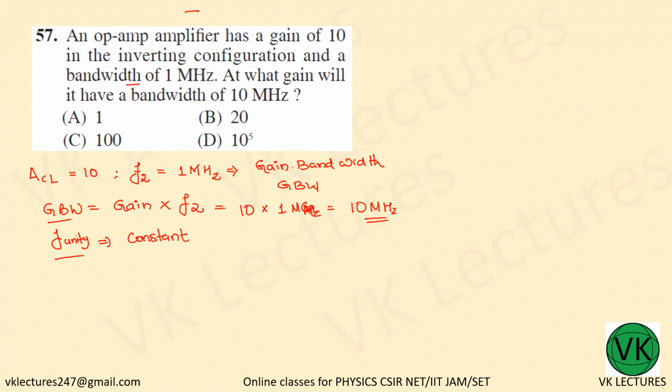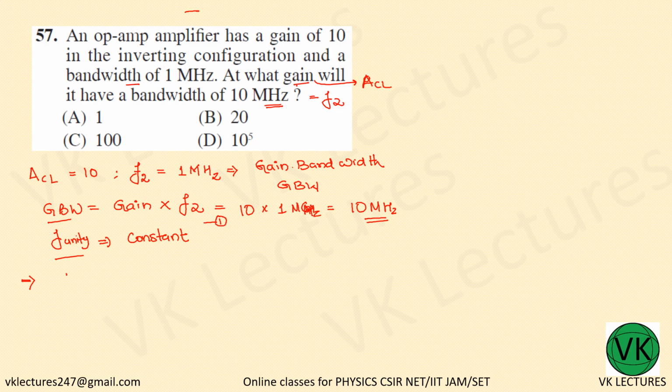That means this GBW and F unity is a constant quantity. Now the second part of the question says, what will be the gain if the bandwidth is 10 megahertz? That means this 10 megahertz becomes F2, and you are asked to find out the gain ACL, closed loop gain. Now let us put this as equation 1. From this equation you are asked to find out gain, right?